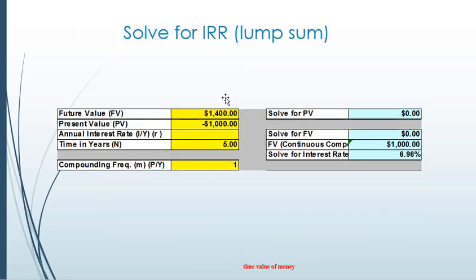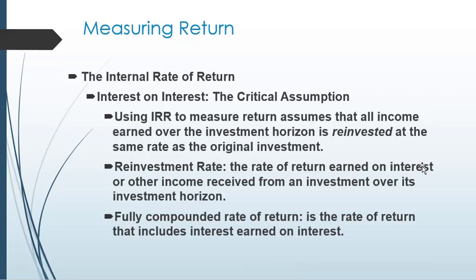So if you invested $1,000 and it turned out to be worth $1,400 in 5 years, what is the internal return? You're solving for the interest rate. That's the 6.96%. That's the return you would earn on this investment. Now, there are other questions we have for return, but that's the simplest example, if you will.